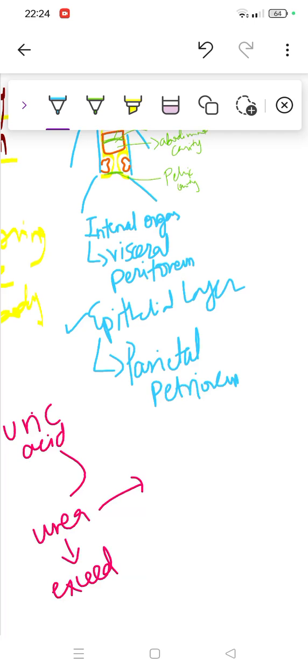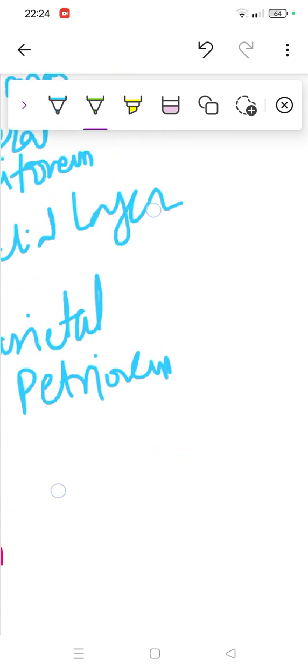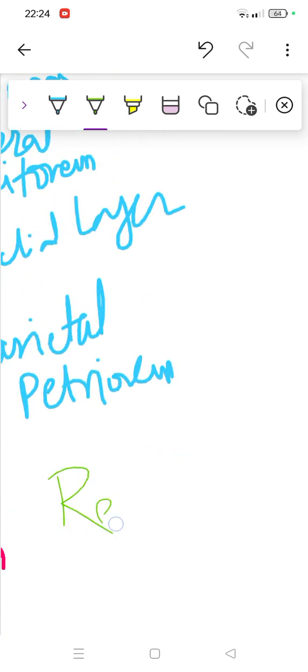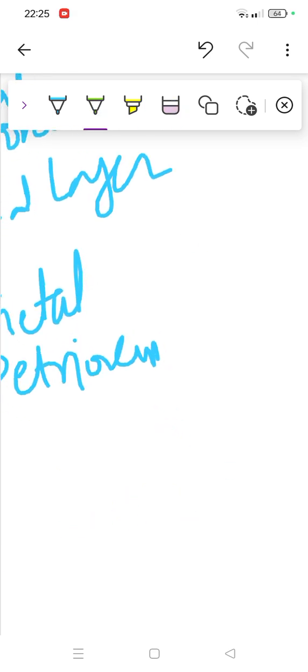So the kidneys are present outside. And when we talk specifically about the kidney, we use the word renal. The kidneys are present outside the peritoneum, so we call them retroperitoneal organs.